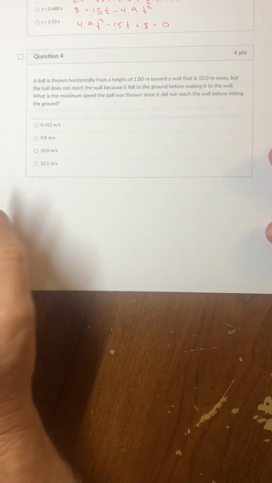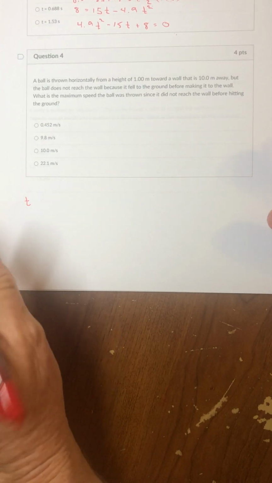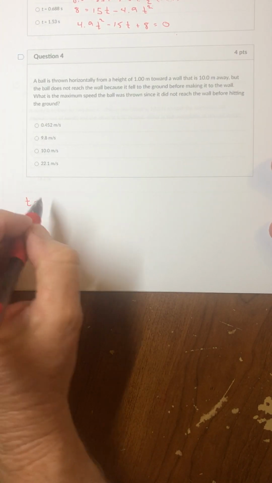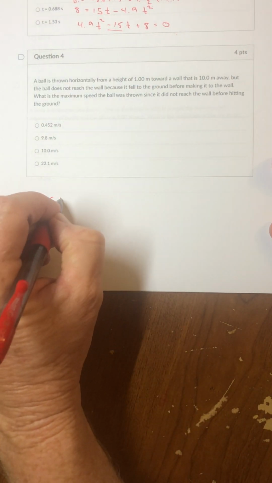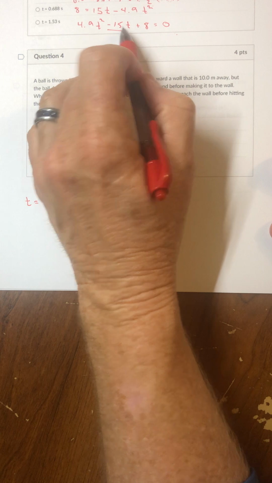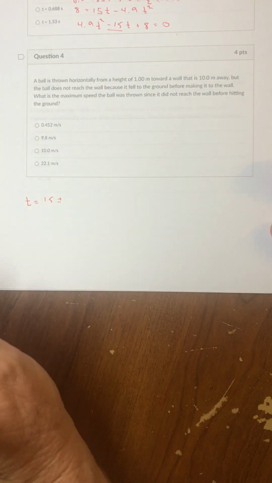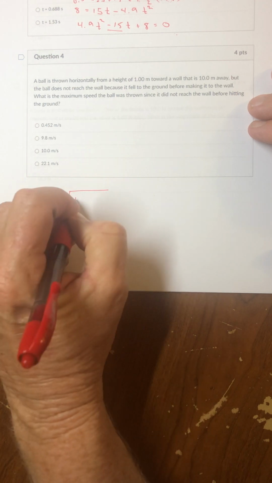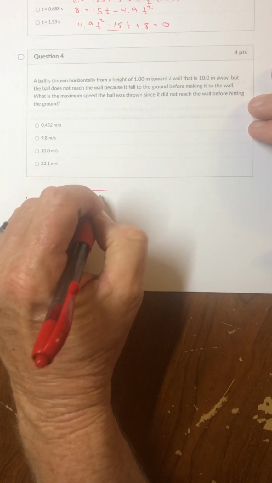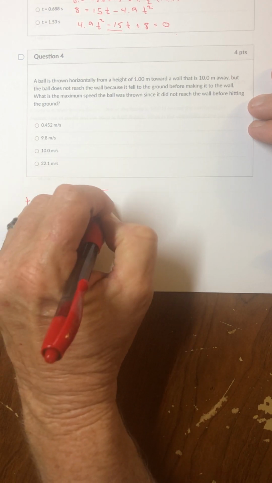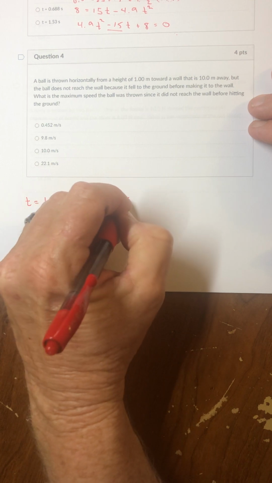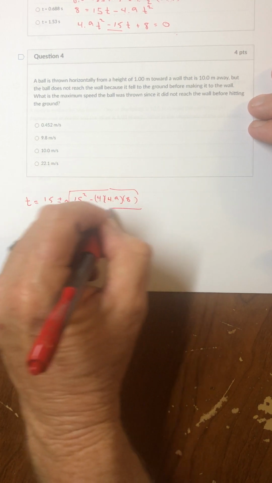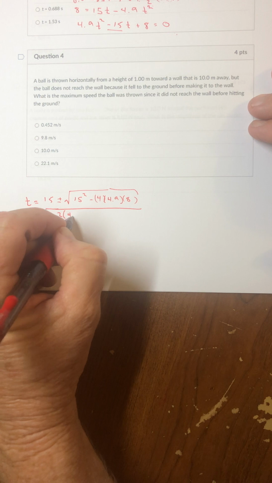I'll need a little more space, so I'll jump down to the bottom of the page here. So time equals the opposite of b. So it looks like that's a negative 15 for b, and so the opposite is a plus 15. B squared would be 15 squared minus 4 times a, 4.9, and c, all over 2a.